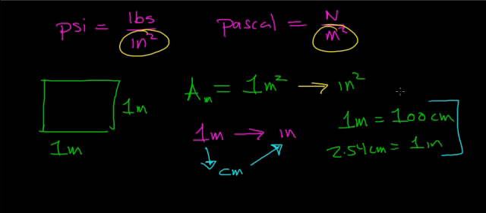These are my linear unit relationships, and I'm going to use them to convert this area in meters over to areas in inches squared. That's going to be my goal for this video. So let's see how that's done. I have 1 meter squared, and this is a straightforward area conversion. The first thing I'm going to do is multiply this by 1 meter on the bottom equals 100 cm.